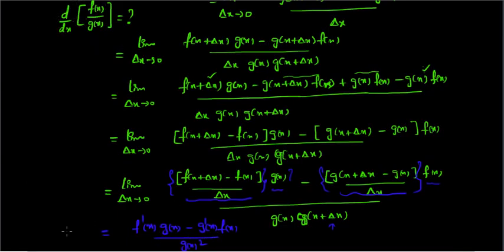So d by dx of f of x by g of x is equal to f dash of x times g of x minus g dash of x times f of x, divided by g of x square. The dashes on f and g represent the derivative of that particular function. So this is the proof of this formula.